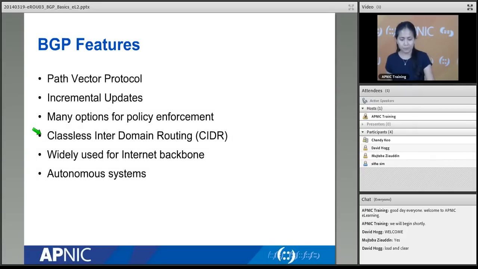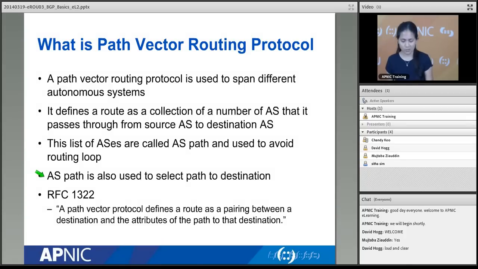Now, BGP is widely used for the internet backbone. As we've said, it is mainly considered the internet's routing protocol, and of course, it works with autonomous systems. Now, just a brief overview of how a path vector protocol works. As I've said, it's used for interdomain routing, as compared with link state protocol and distance vector protocol, both of which are intra-domain protocols.